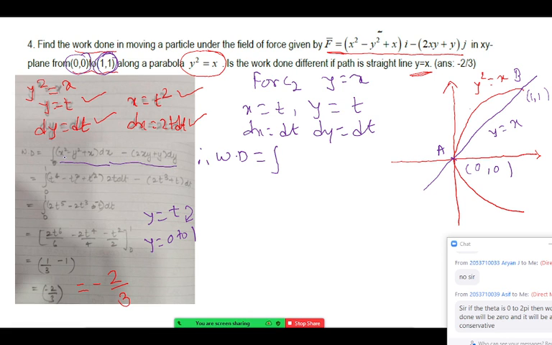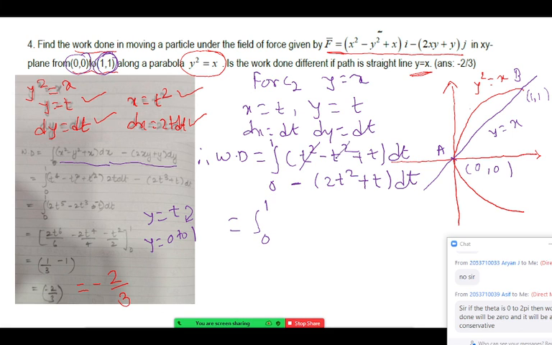So just replace the values, this will become t square minus t square plus t dt. So this is f1 dx minus f2, f2 is minus, this is 2t square plus t dt. And limits of t is again 0 to 1 because x is equal to y, x varying from 0 to 1 and x is equal to t also, so limit will not change. So it's 0 to 1, we'll continue it.